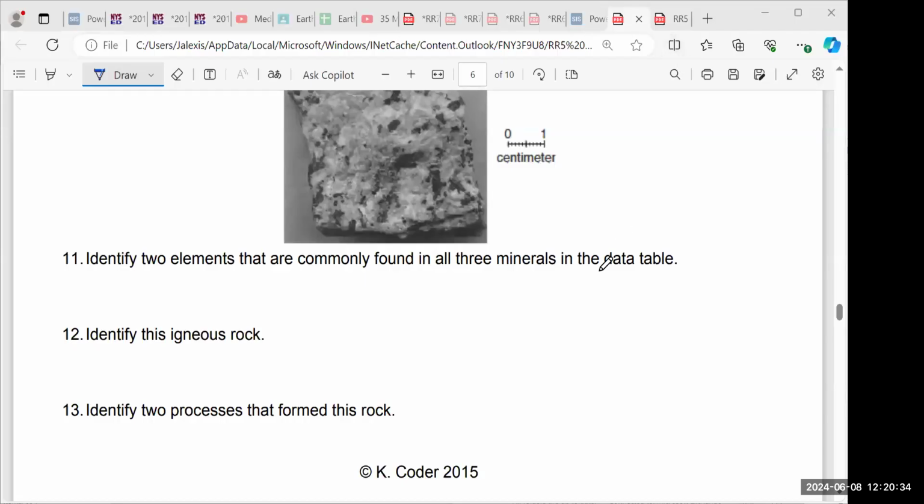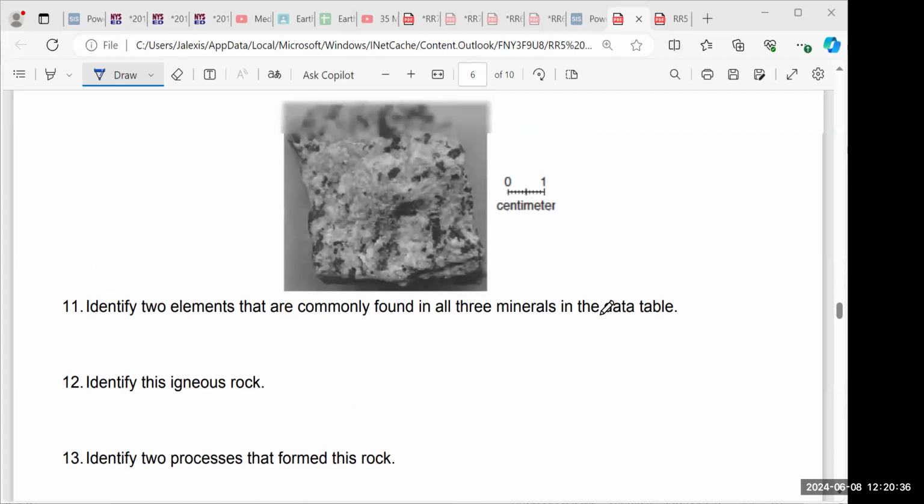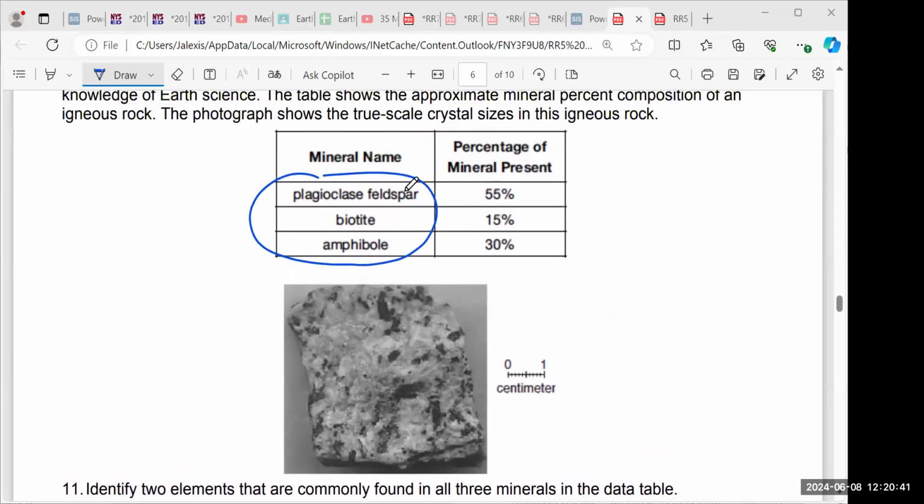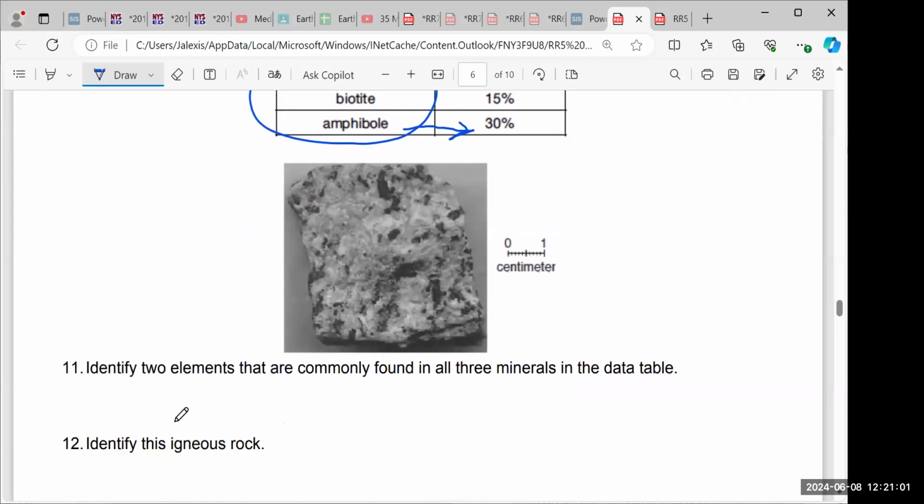Number 12, name this igneous rock. It has to have these 3 minerals, only these 3 minerals, and look at the percentages: 55% plagioclase feldspar, a little bit of biotite, and a third or less of it has to be amphibole. What page do I look at for this igneous rock?